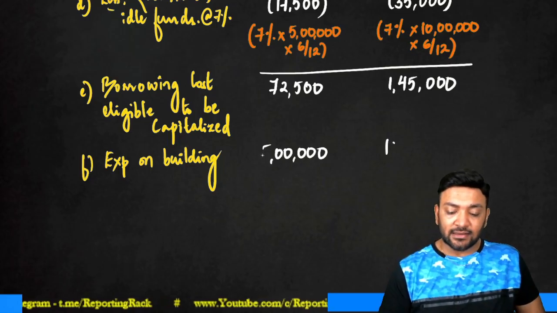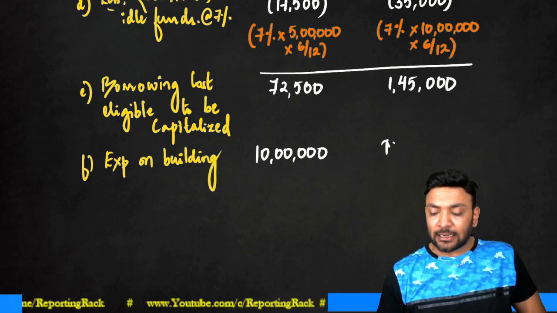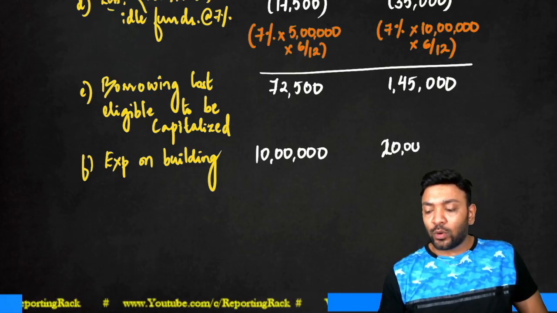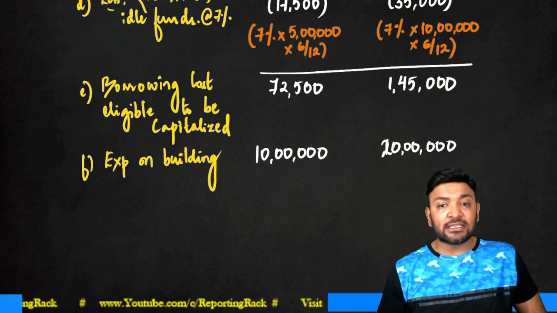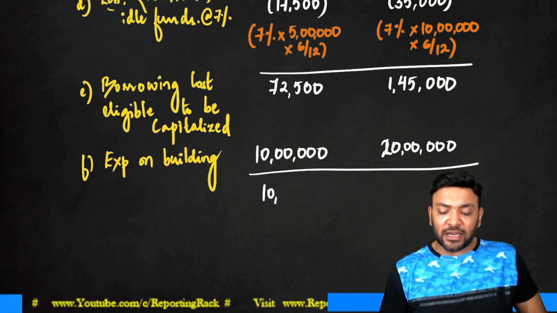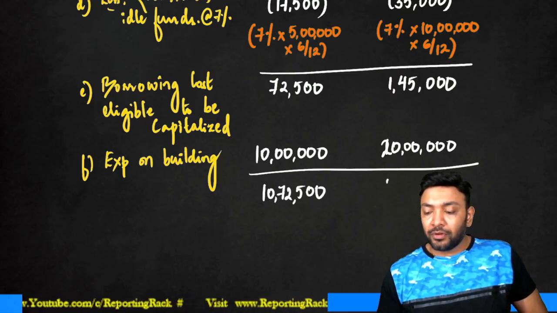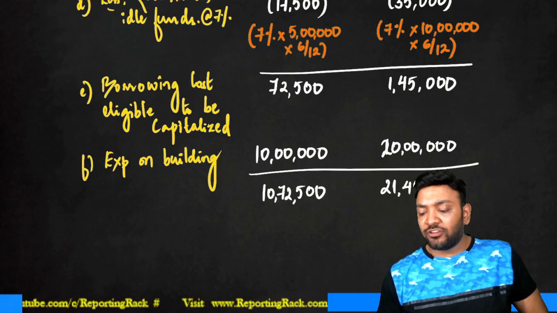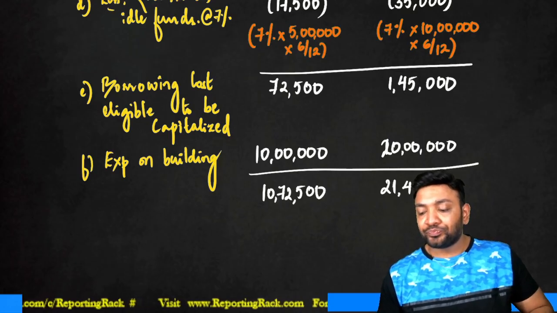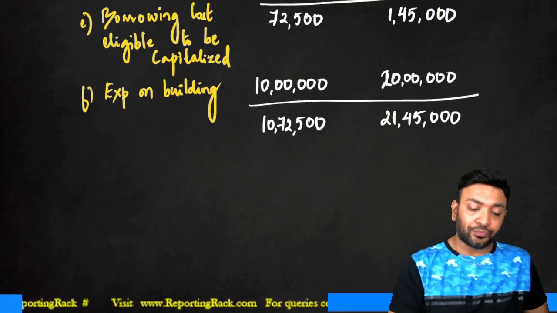Sorry, 10 lakhs. 2 times 5 lakhs incurred. 10 lakhs for factory premises. 20 lakhs for office premises. Therefore, the total amount of expenditure capitalized to the cost of the building is a total of these two. This is the amount capitalized as asset.